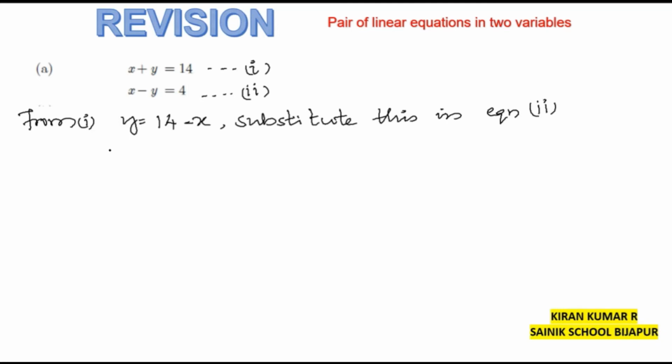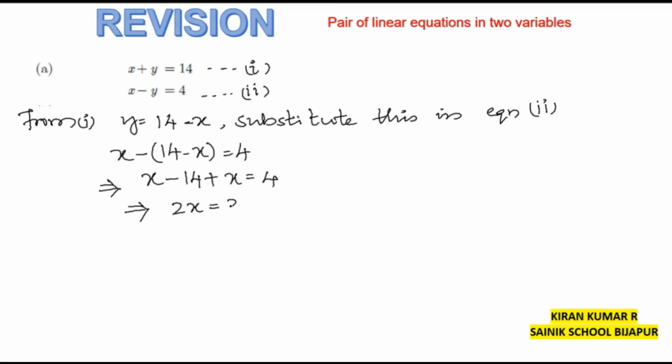We'll be getting x minus (14 minus x) equal to 4, which is nothing but x minus 14 plus x equal to 4. This implies 2x equal to 18. So the value of x we get is 9.